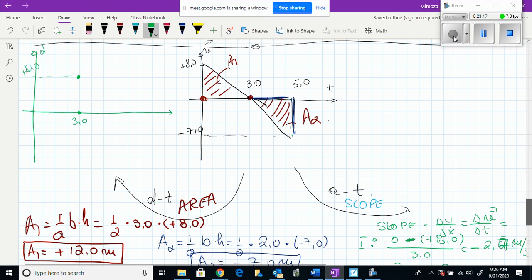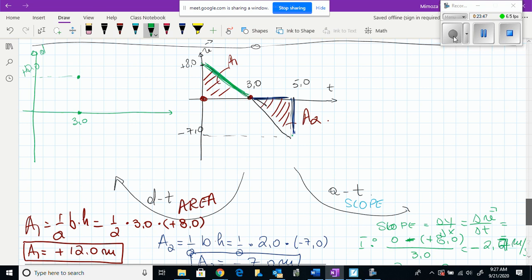The question is, how is the object moving at positive 12 for those 3 seconds? Straight up, curve up, or curve down? Curve down, because the velocity is falling down.